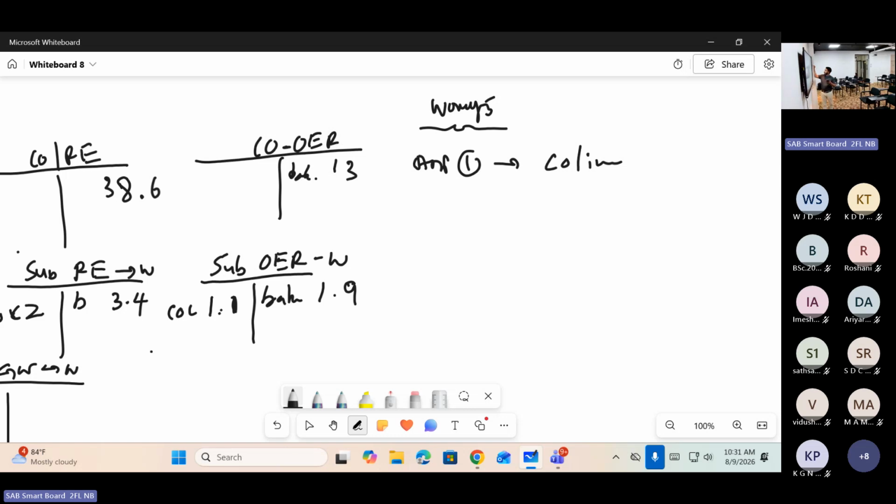Contingent liability 1.5, transfer to cost of control account. Why? The subsidiary company normally does not record contingent liabilities. The standard requirement is that once you are calculating goodwill, all these contingent things should be recorded in the books.